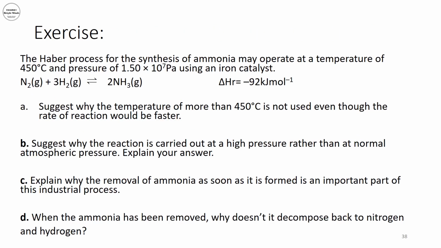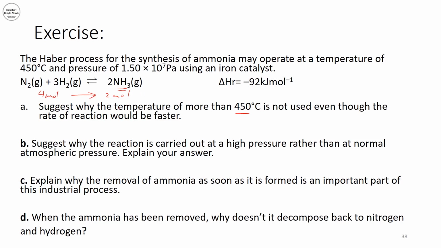In here I have the Haber process to form ammonia in industry, and you could see it's an exothermic reaction like we said before. And then here I have 4 moles, and here I have 2 moles. So why don't we increase the temperature more than 450? This is because my reaction is an exothermic reaction, so I need more ammonia, so I need my direction to be pushed to the forward direction or to the right.